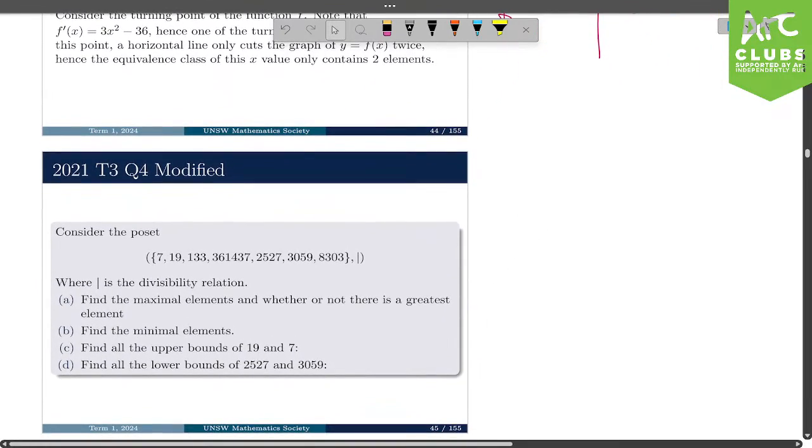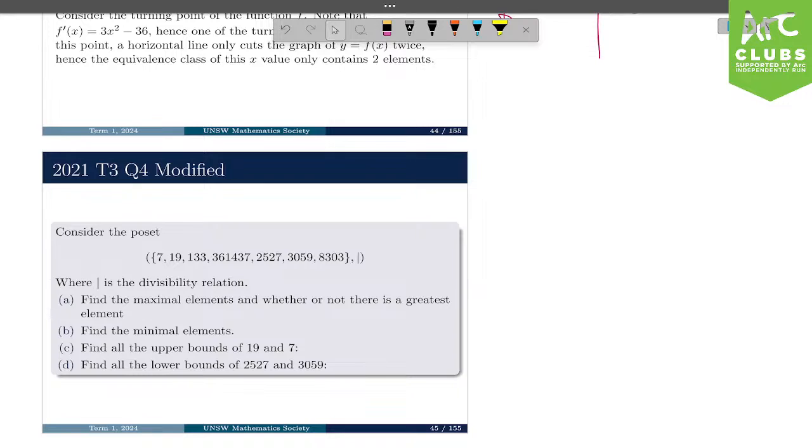We consider the partially ordered set 7, 19, 133, 361, 437, 2527, 3059, and 8303. And our partial order is divisibility.